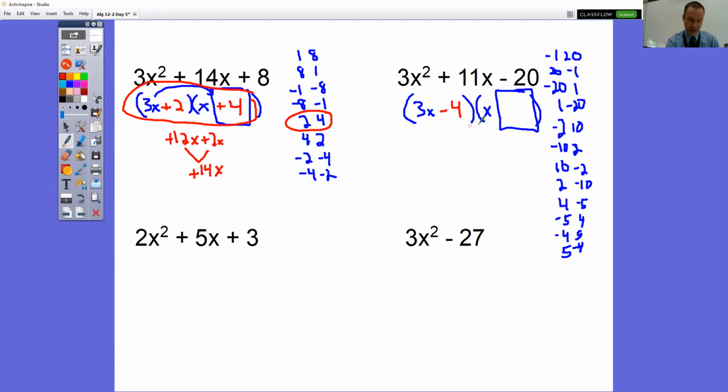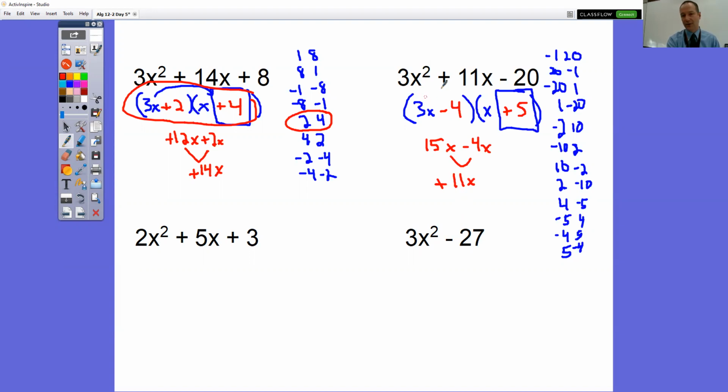The one that ends up being correct is -4 and +5. You have to put the -4 here and the +5 here. 3 times 5 is 15, for your outers, 15x. -4 times x is -4x in the middle. Adding those together, you get an 11x in the middle.